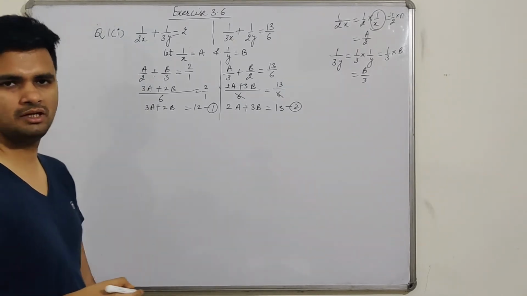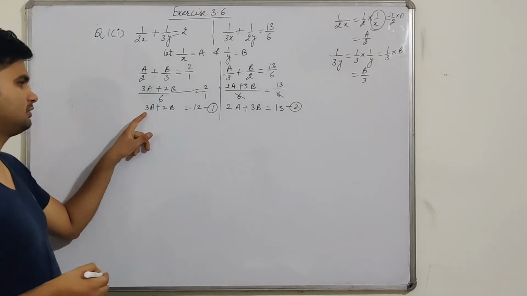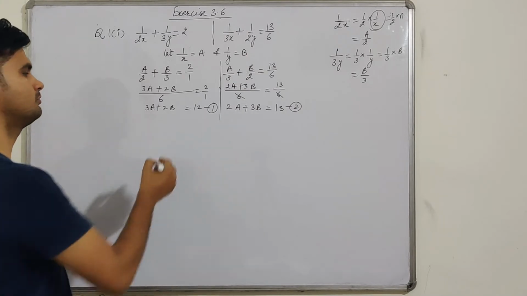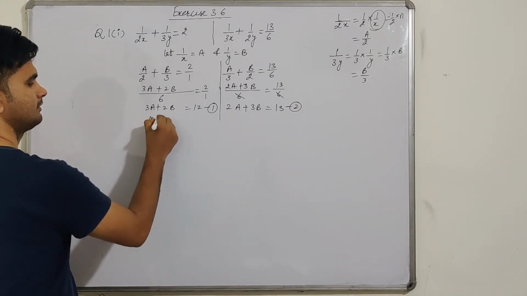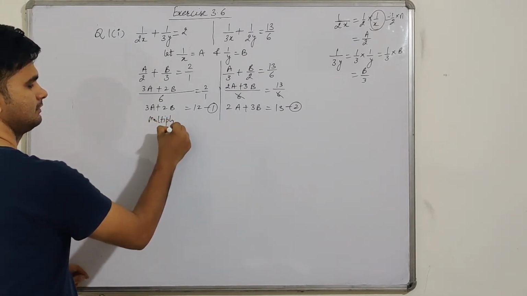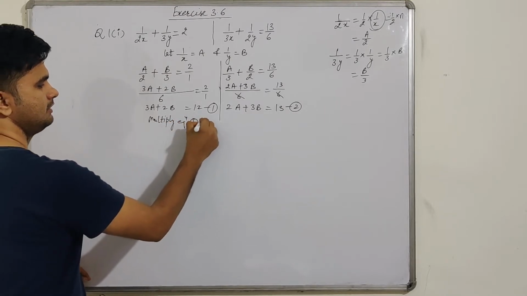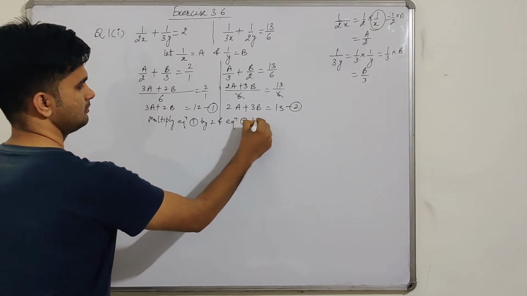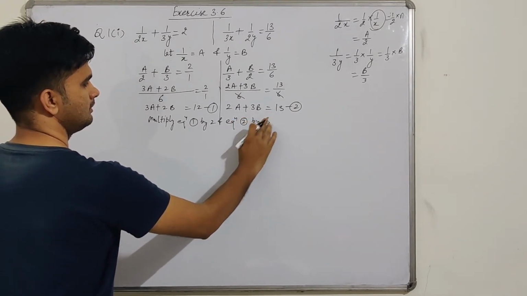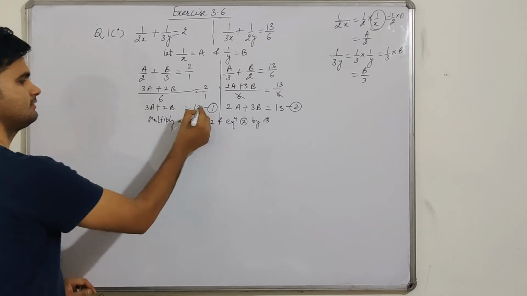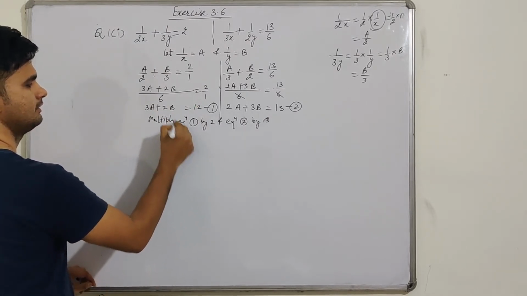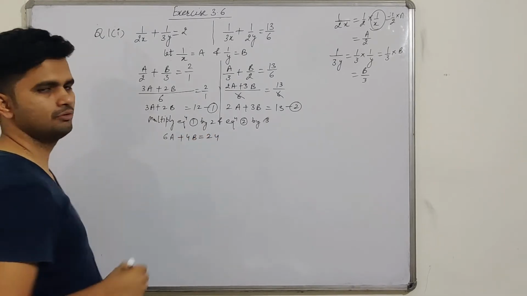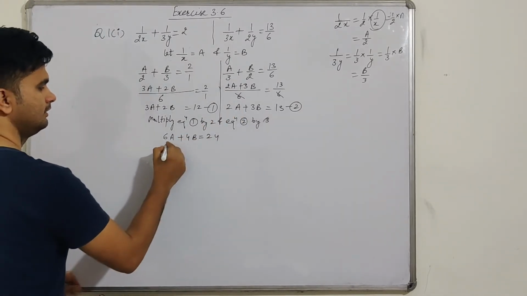Now we can use any method to solve these two equations. I am using the elimination method here. See, the coefficient of a is 3 here and 2 here. So multiply equation 1 by 2 and equation 2 by 3. So this will become 6a plus 4b is equal to 24, right?